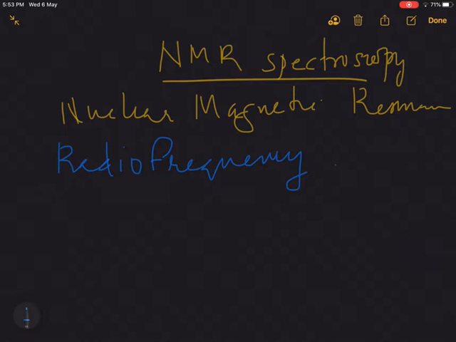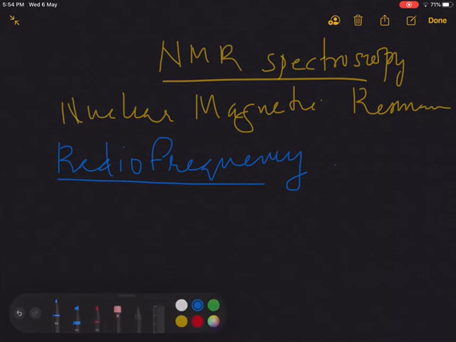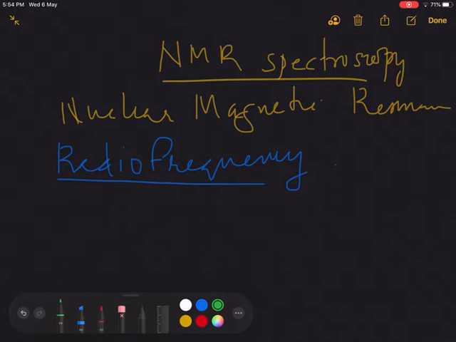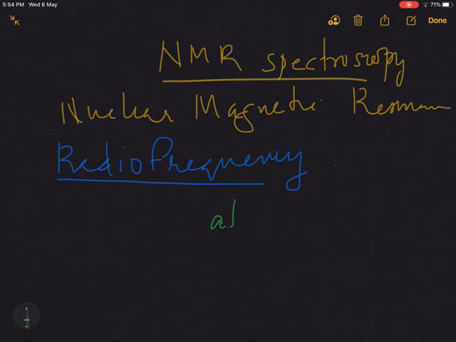So NMR spectroscopy is the interaction of the magnetic field of radio waves with the magnetic field of atoms having non-zero spin.